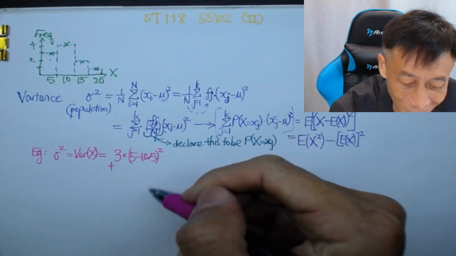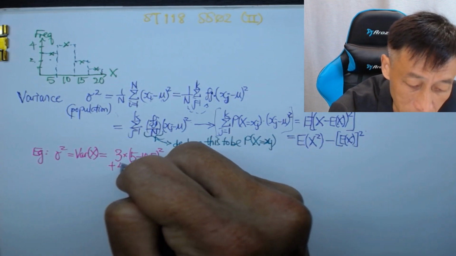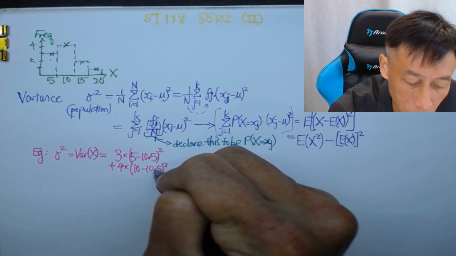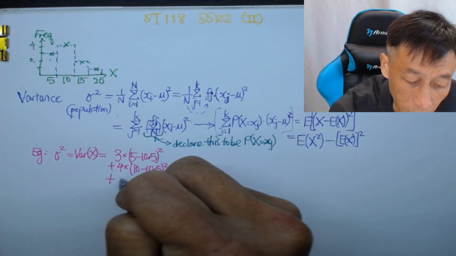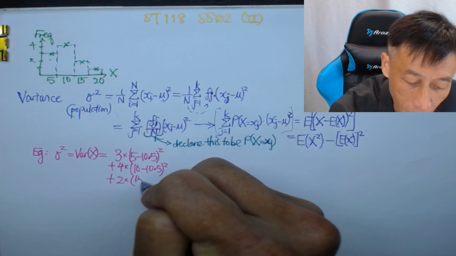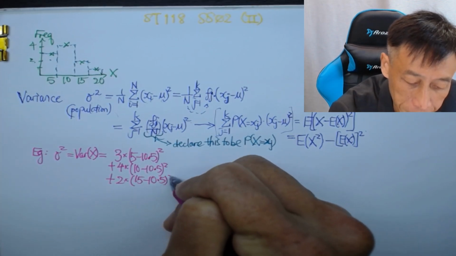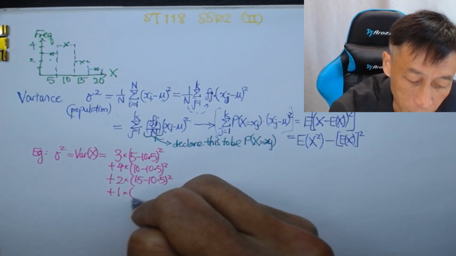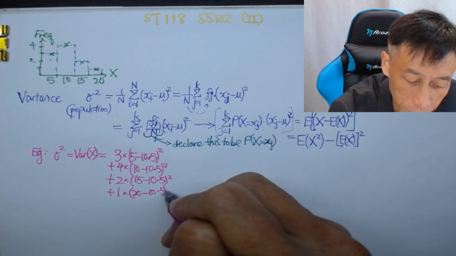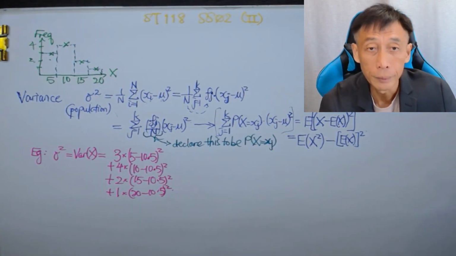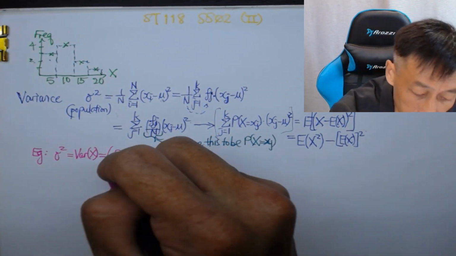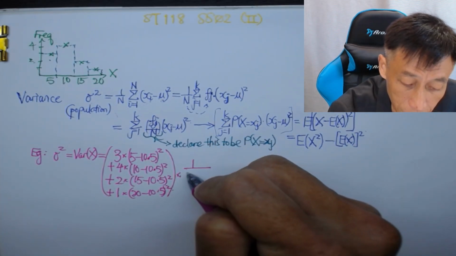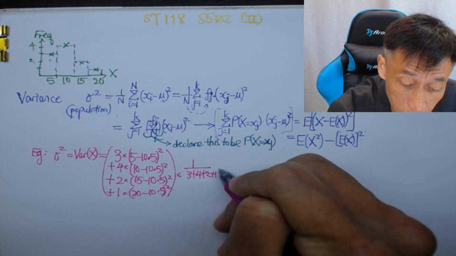And I'm going to just add vertically because it's easier to present it this way. 10 minus 10.5, still a negative value, but we square it. Then we have 2 times 15 minus 10.5, now a positive value, though not exactly proportional. Plus 1 times 20 minus 10.5. The whole thing is to be divided by 3 plus 4 plus 2 plus 1, which is 10.